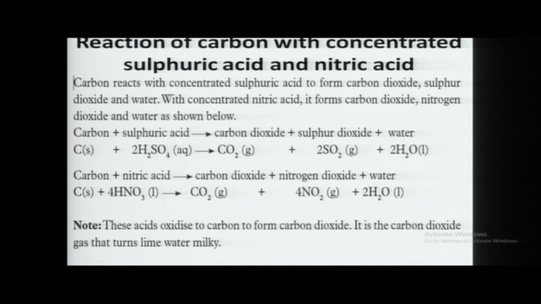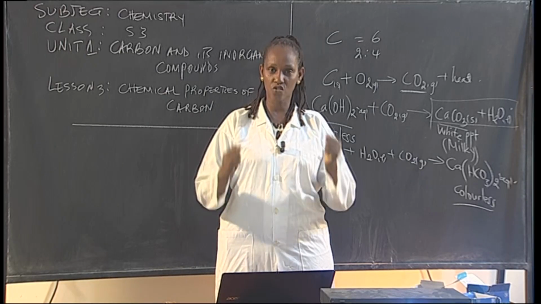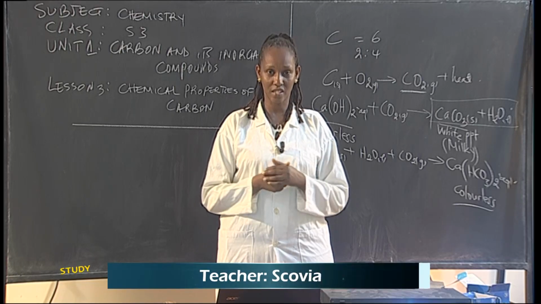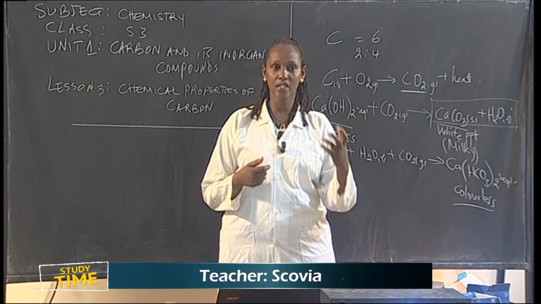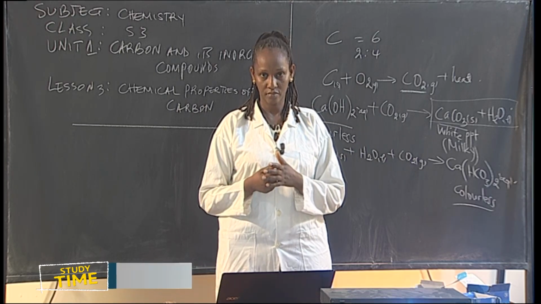So we can continue to look at some other reactions of carbon, how carbon reacts with concentrated sulfuric acid and nitric acid. These are stronger acids, right? Sulfuric acid and nitric acid are among the strongest acids that we have. All right? So how does carbon react with these strong acids?